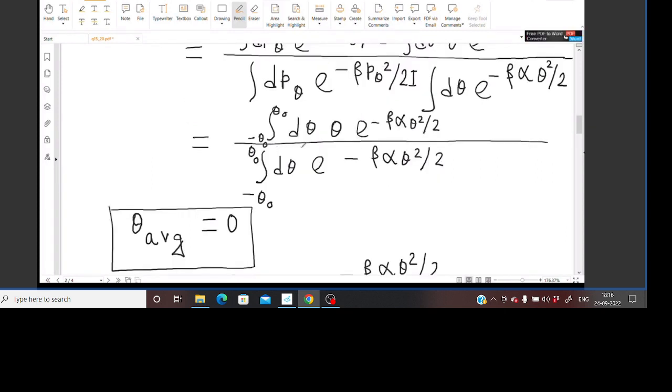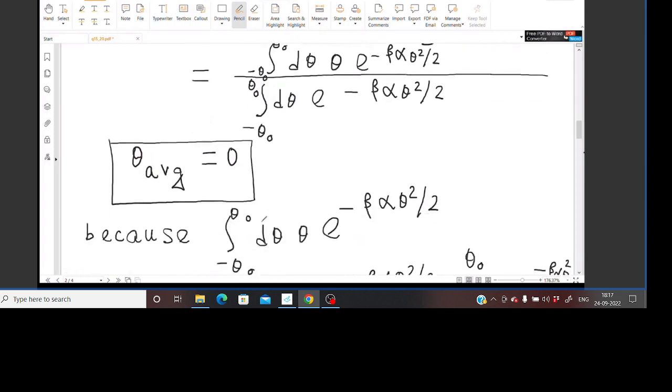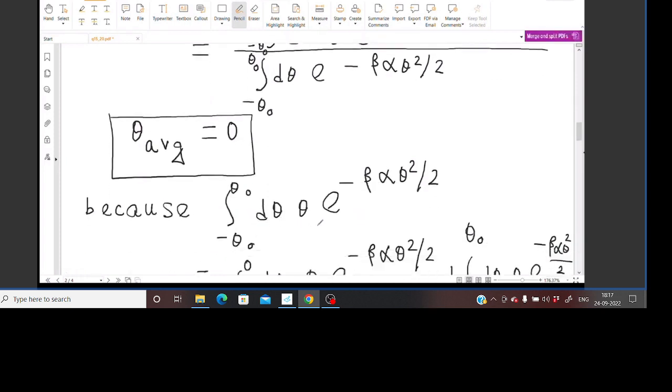and the limits of this integration are minus theta naught and plus theta naught. We obtain that theta average is equal to 0 because the integral of d theta into theta into e to the power minus beta alpha theta square by 2 is equal to 0, as the limits of the integration are minus theta naught and plus theta naught.